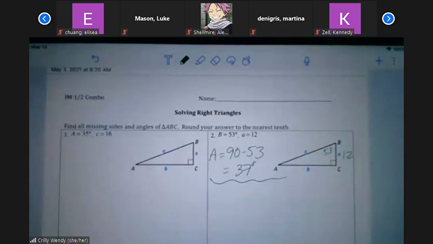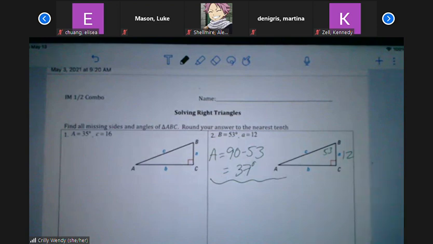Okay. So now I need to get to the sides. Well, I can't use Pythagorean theorem because 2 of the sides are missing. So I have to use SOHCAHTOA. And it doesn't matter which angle you use. You just pick which angle you're going to use, and then looking at that angle, do you have the opposite? Do you have the adjacent?